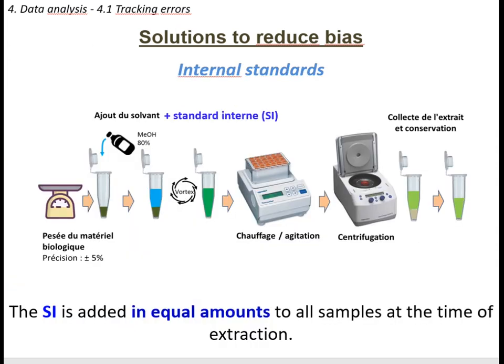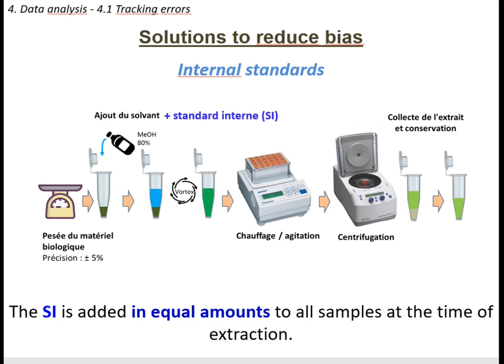Another very important thing is to use, whenever possible, internal standards. So the internal standard is a molecule that is not native to the samples. You don't find it naturally in the samples, but you will add it to the extract in the same amount in every sample.